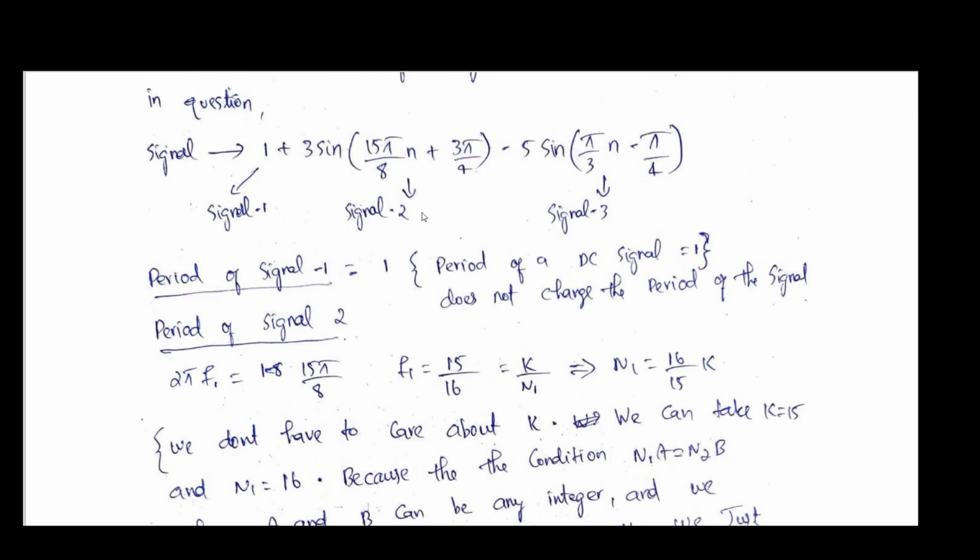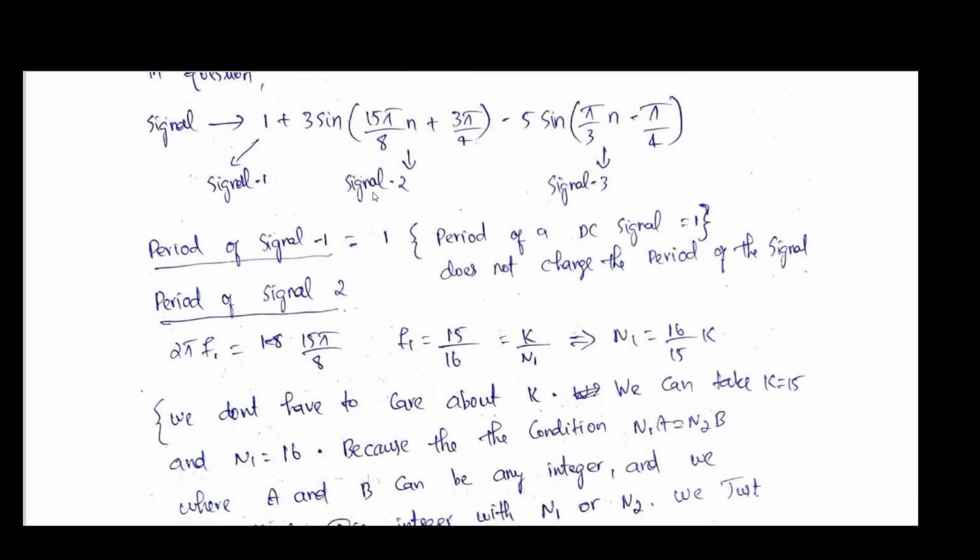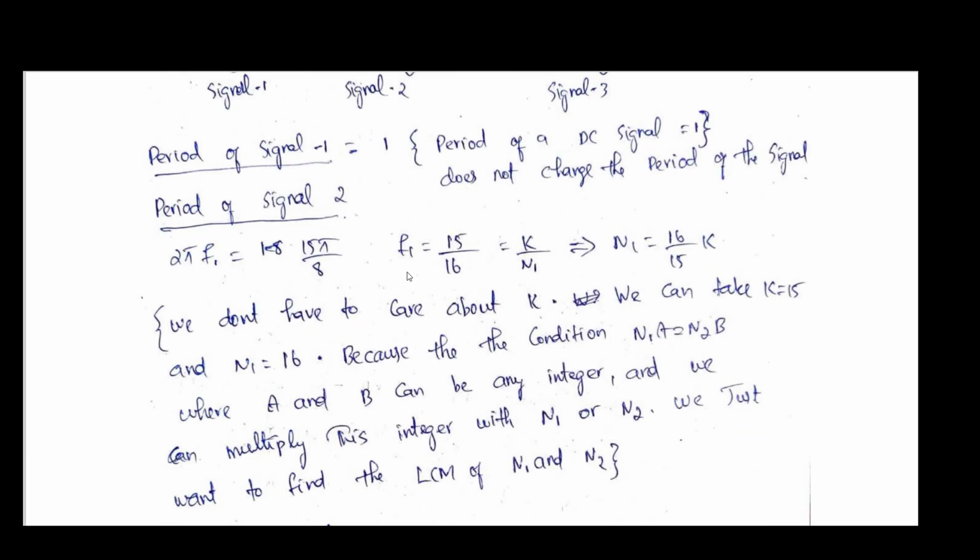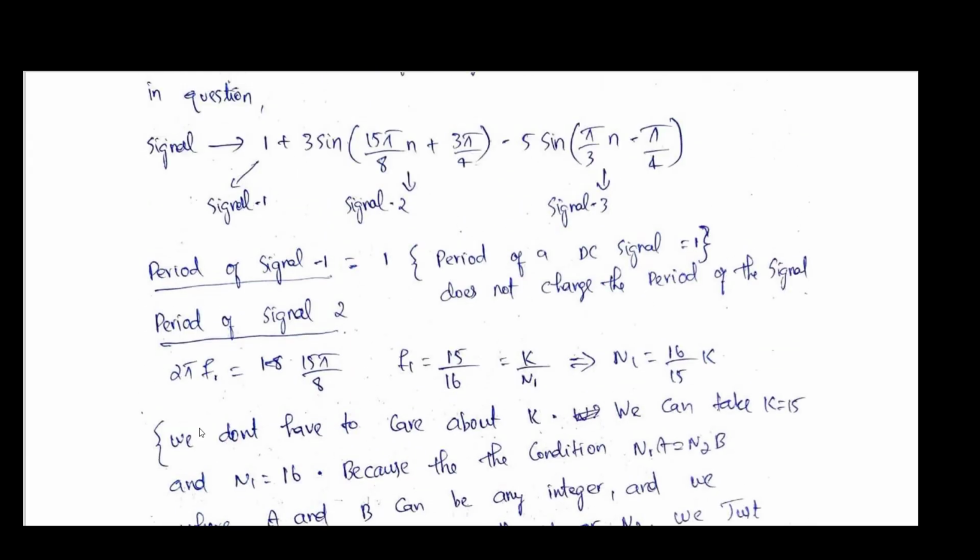Now let's calculate the periods of signal 2 and signal 3. Coming to signal 2, we have omega equal to 2 pi f. With that concept, omega 1 equal to 2 pi f1 equal to 15 pi by 8.